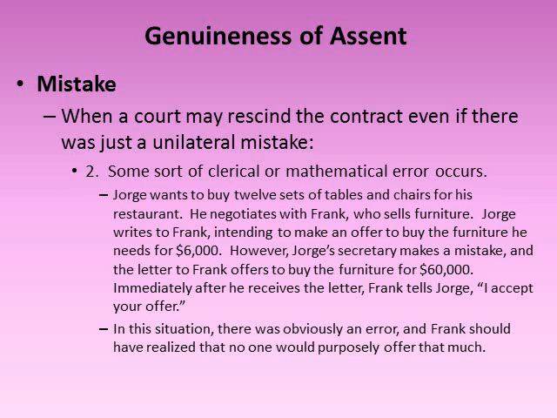So Frank has to know that there's a mistake here somewhere, that no one's going to want to pay 10 times the price for this set of furniture. In a situation like that, where Frank should realize no one would purposefully offer that much, we're not going to stick Jorge with this deal. In all likelihood, we'll probably let him out of the deal.